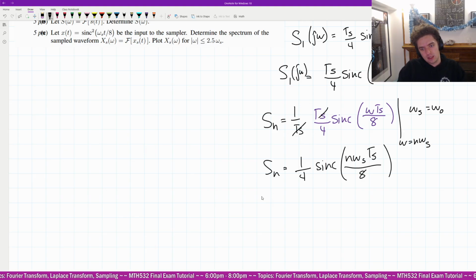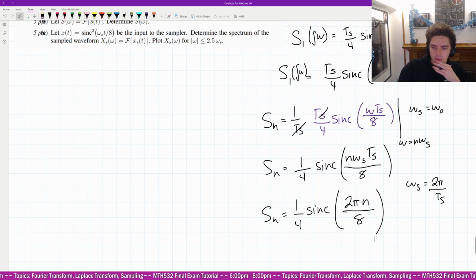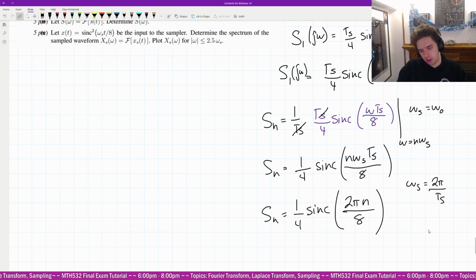Let me write that. Ws is 2 pi over Ts. So Sn is going to be 1 over 4 sinc of 2 pi n over 8, because Ws times Ts is just going to be 2 pi. It's 2 pi n over 8. So that's going to be pi n over 4. That's my final answer.